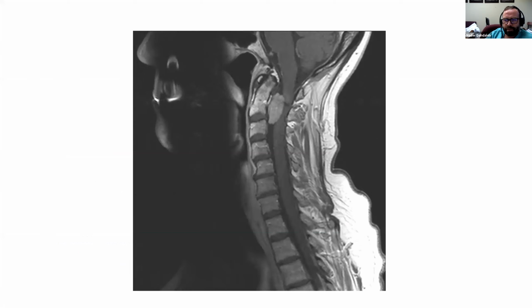Okay, Jonathan. Nice case. So her exam is pretty classic of that rotary paresis paralysis, which is typically found with the more commonly associated ventral foramen magnum meningiomas, but it's all the same pathways anyway.